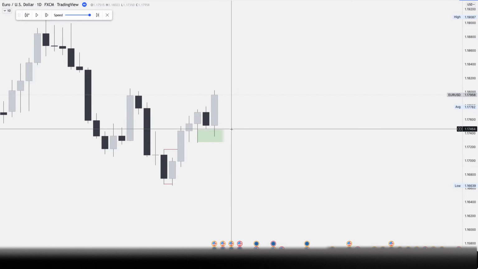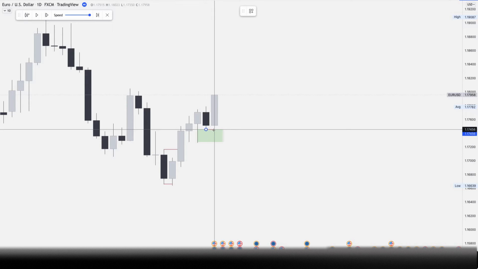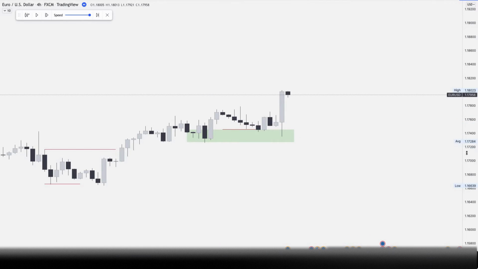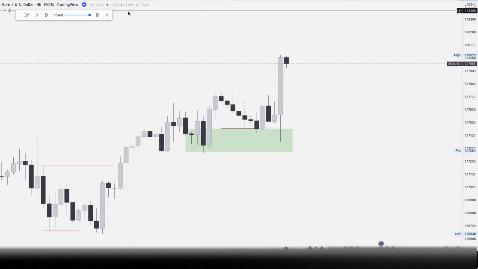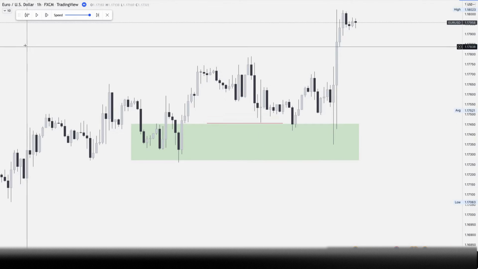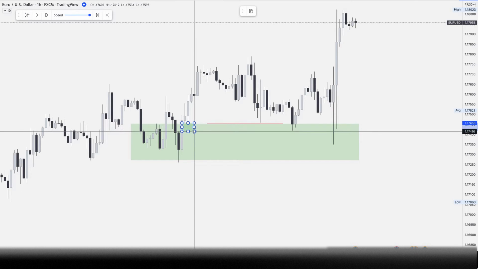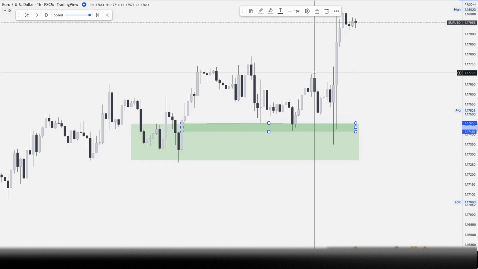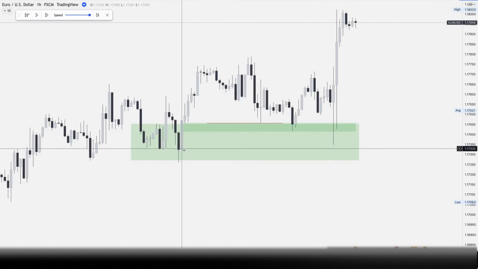Price created a rally-base-rally, which is a continuation pattern, by the way, but it broke this wick because the internal structure of the daily needed to fill some sort of imbalance, which was this order block. And if we keep going down, we'll probably find some sort of fair value gap with an order block. And in fact, we do find a nice fair value gap. That would have been a nice trade, but it came into and tapped the actual order block.